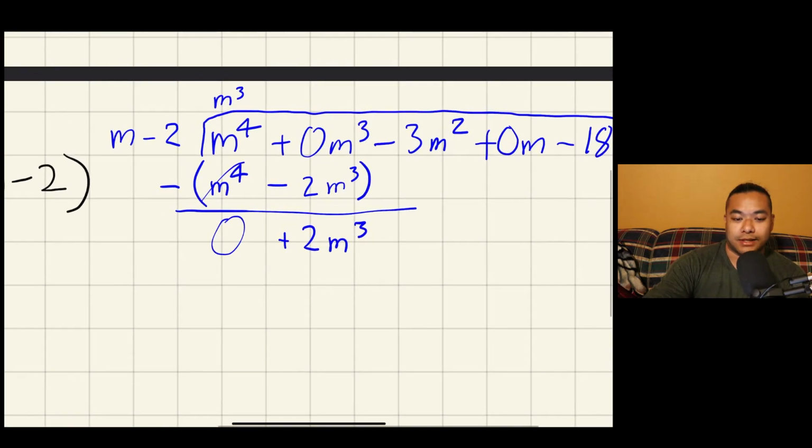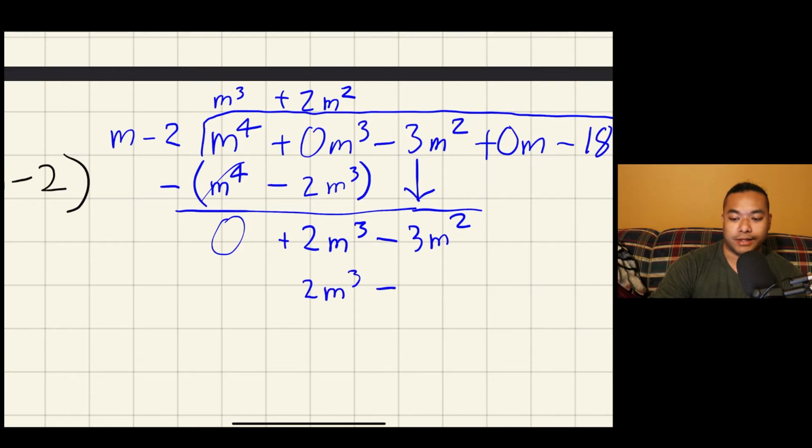How many times does m go into 2m cubed? M times 2m squared gives me 2m cubed. And don't forget to bring down our next term, so negative 3m squared. So we have 2m squared times m minus 2, which gives us 2m cubed minus 4m squared.